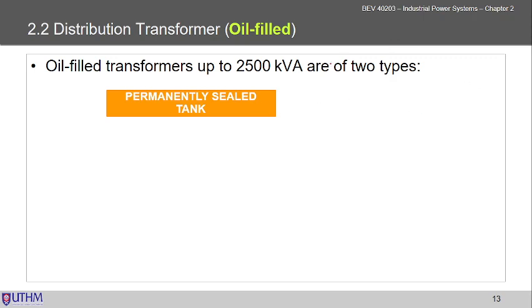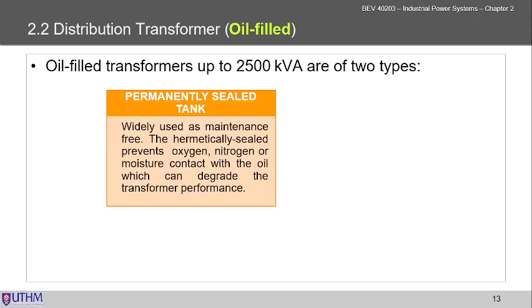Normally it consists of two types. The first type is the permanently sealed tank. Implied by the name, it is a permanently sealed tank. We do not need to maintain it, so it is maintenance free, but it is more expensive. This type of permanently sealed tank, normally we call hermetically sealed.